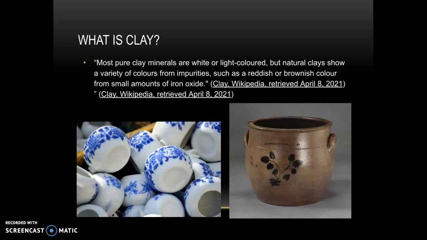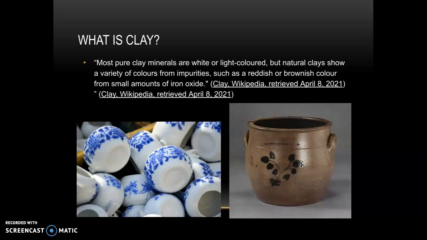Depending where you're getting your clay in the world, it's going to have different properties. A porcelain clay is a pure white clay. It's called a primary clay, and it doesn't have a bunch of impurities in it. A stoneware clay or a terracotta kind of clay is made with clays that have impurities.